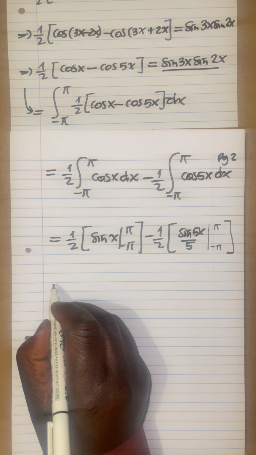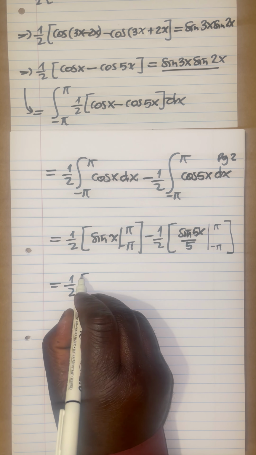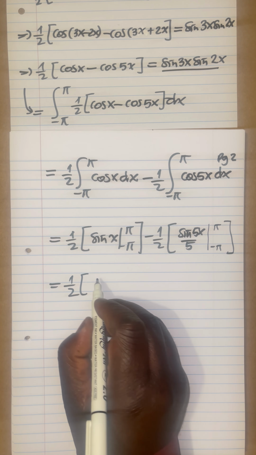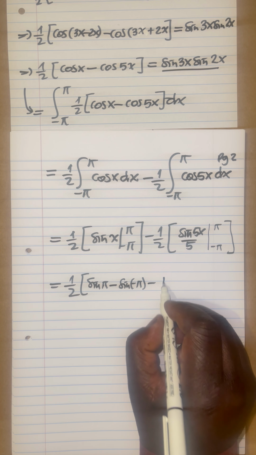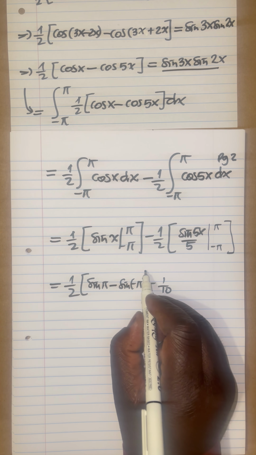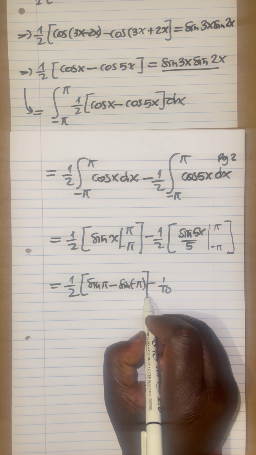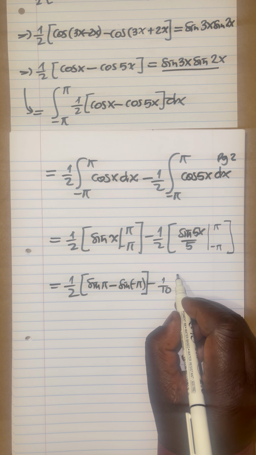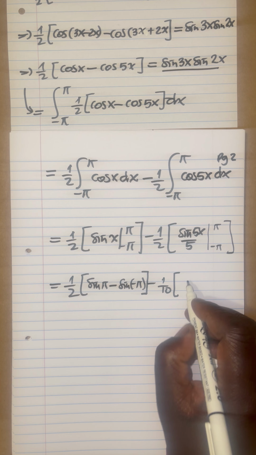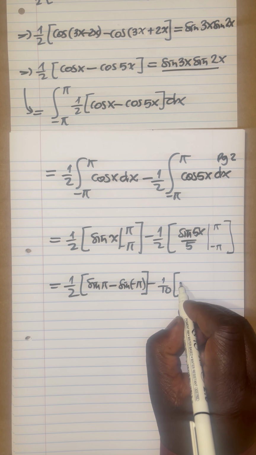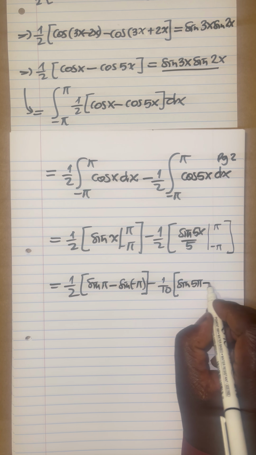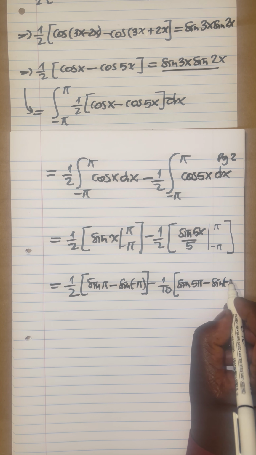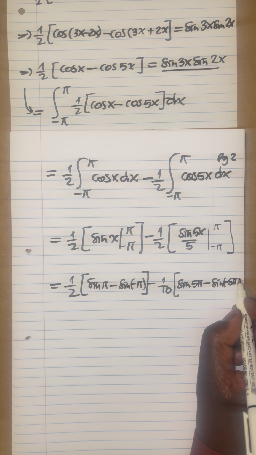So this part is 1 over 2 times sine of pi minus sine of minus pi, minus 1 over 10, and the inner part is sine of 5 pi minus sine of minus 5 pi.